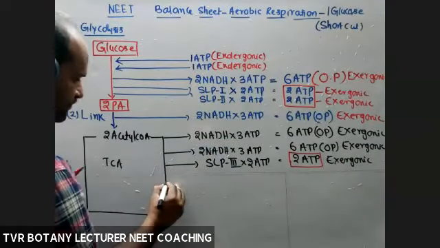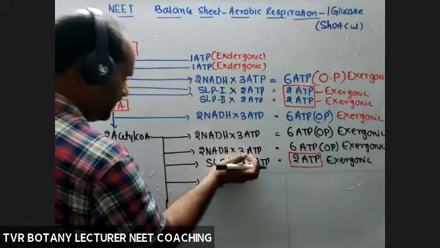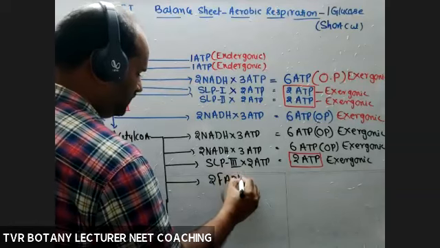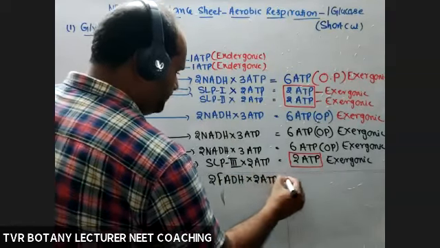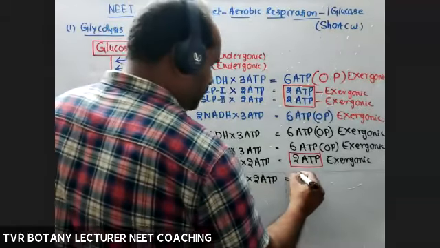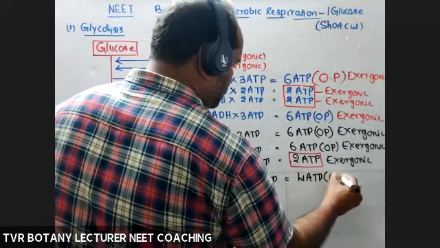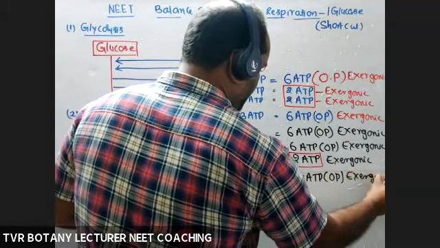Next, 2 molecules of FADH into 2 molecules of ATP each, 4 molecules of ATP, that is OP based, exergonic reaction.